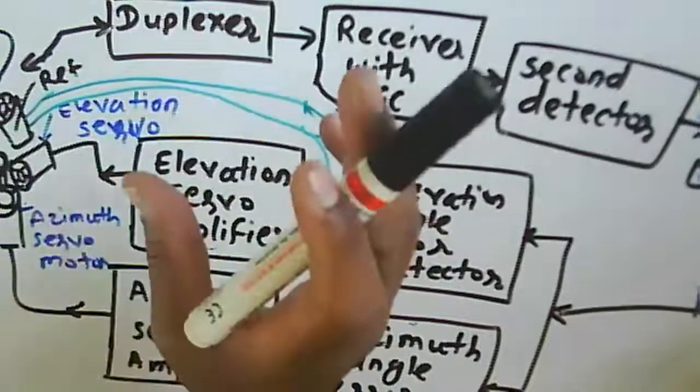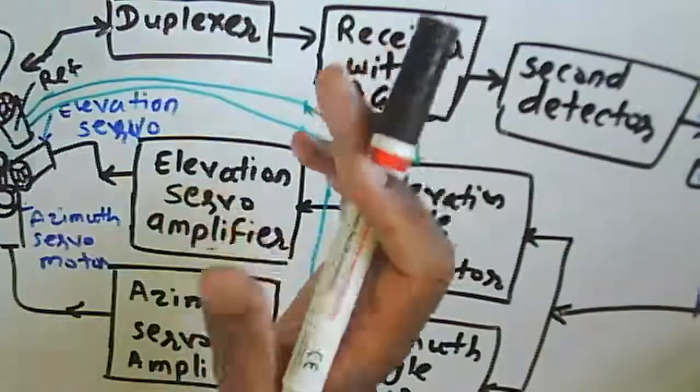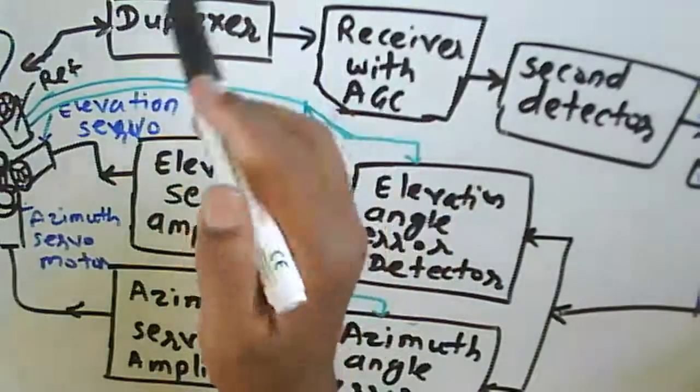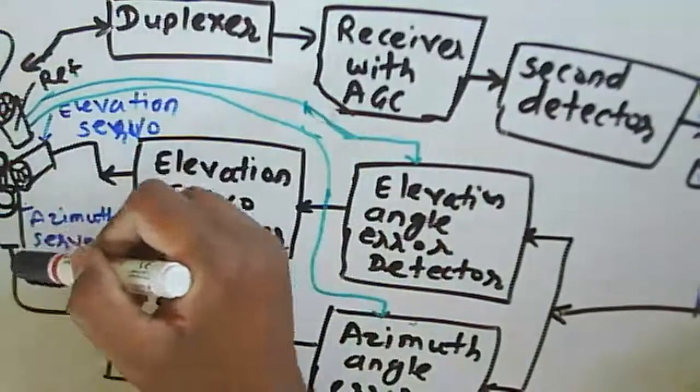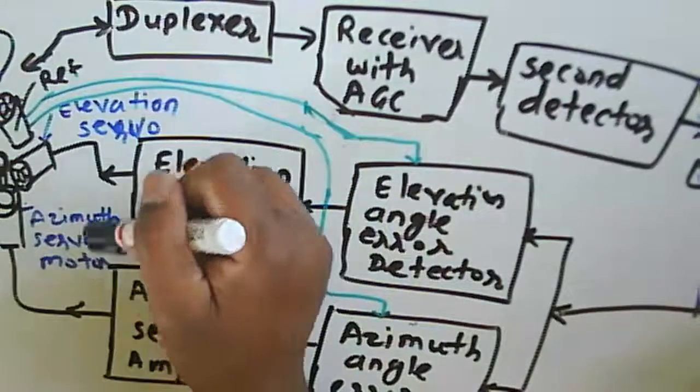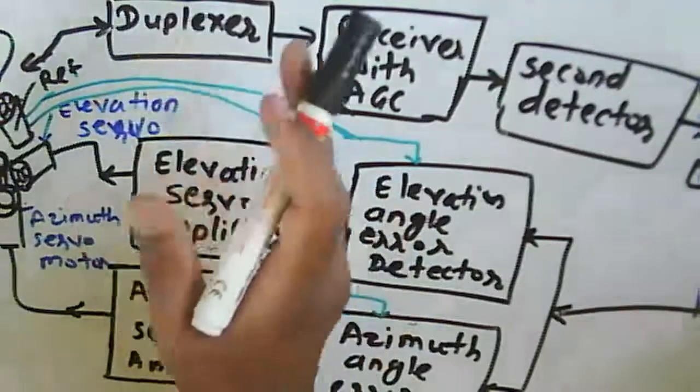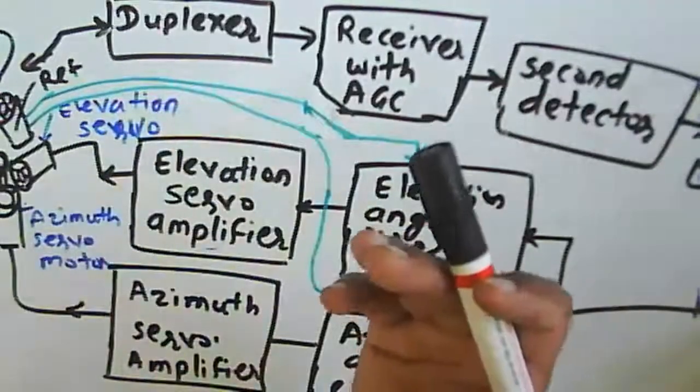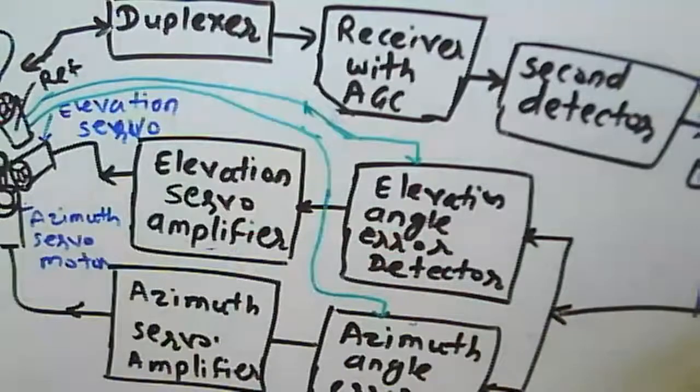In which direction and what position, everything is controlled by the scan motor, azimuth motor, as well as the elevation motor, through the signal we have received from the conical scanning here.